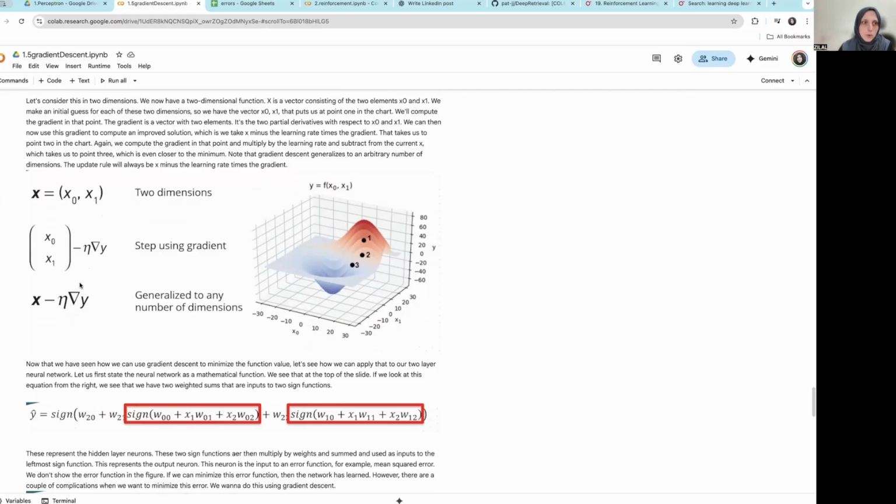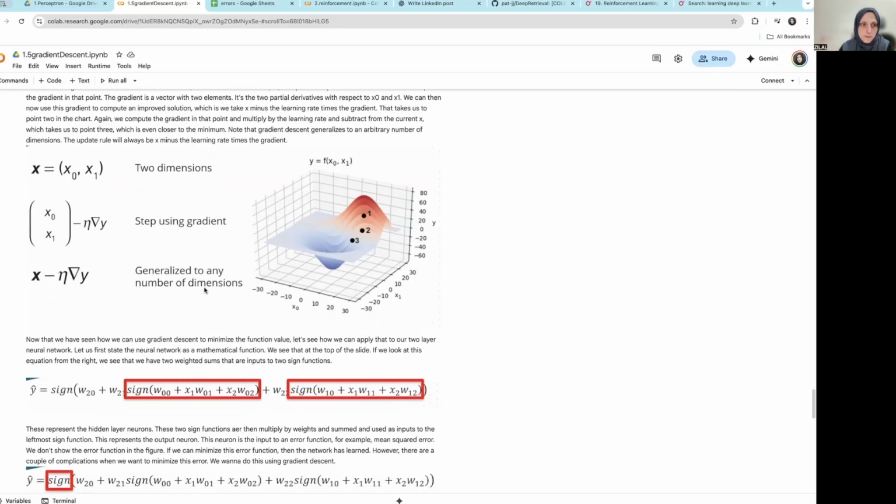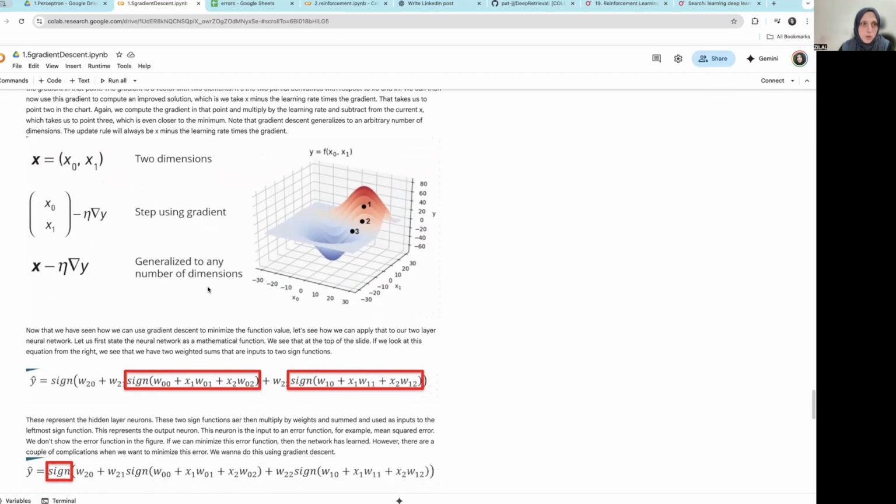That takes us to point 2 here in the chart. Again, we compute the gradient at that point, multiply by the learning rate and subtract from the current x, which takes us to point 3, which is even closer to the minimum. Note that gradient descent generalizes to an arbitrary number of dimensions. The update rule will always be x minus eta, the learning rate, times the gradient.